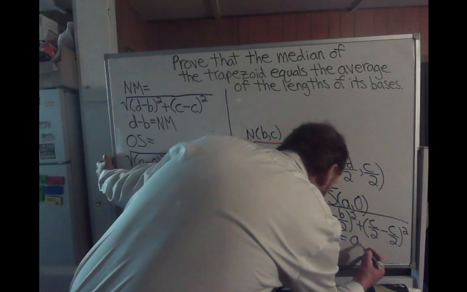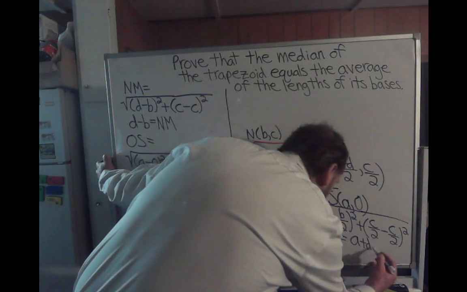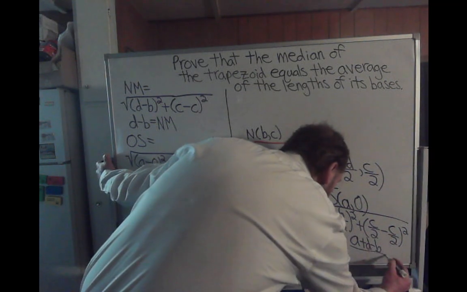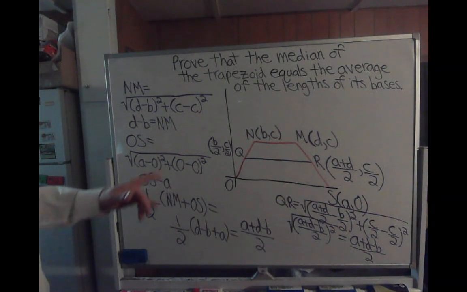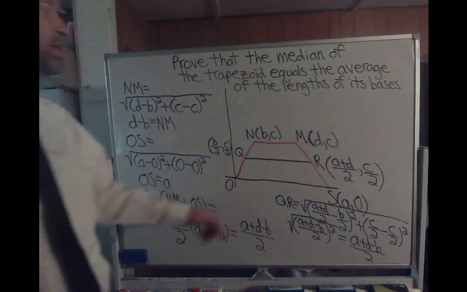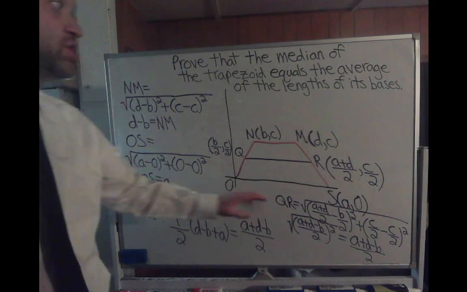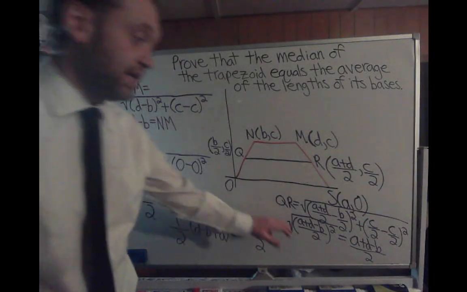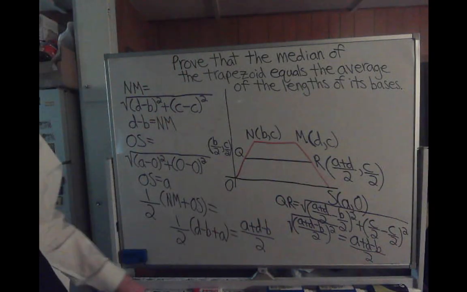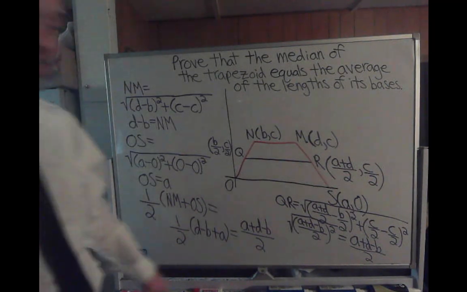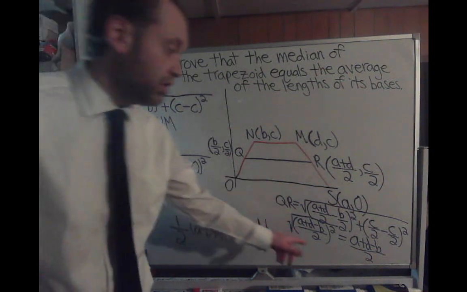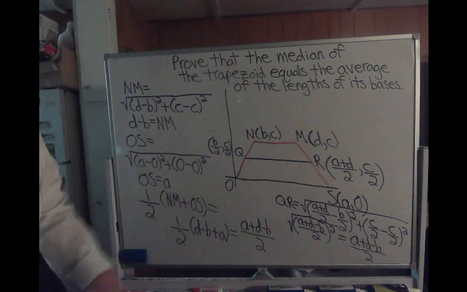It gives you a length of A plus D minus B all over 2. Therefore, you can say that the median is equal to the average of the lengths of its bases. We just proved that by taking the average of the length of the bases, then finding the length of QR. We just proved that this assertion was true.